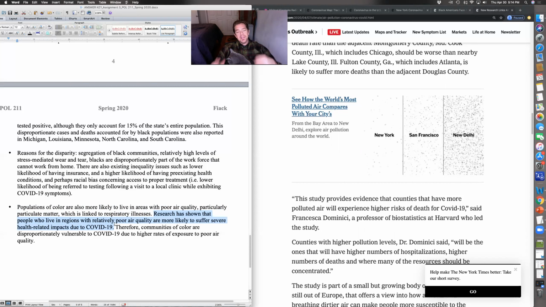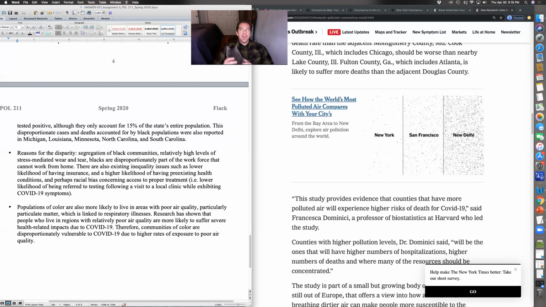So when we put those things together, we see that if communities of color are more likely to live in places with poor air quality, and poor air quality is bad for COVID-19, therefore, right, we can make that connection that communities of color are more likely or disproportionately vulnerable to the severe health impacts associated with COVID-19, right?